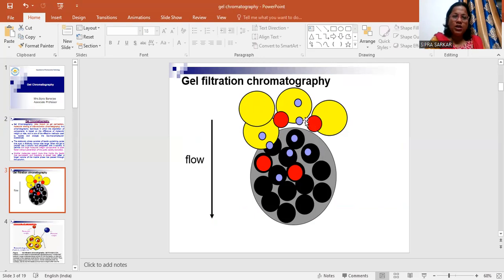If it is a mixture of three components, yellow, red, and ash colored, the pores will fit the small molecules depending on the capacity of the beads to hold that amount of molecule; otherwise it will elute later. The higher molecular size, the yellow colored compound, will elute first, then the red, and then the ash colored compound.